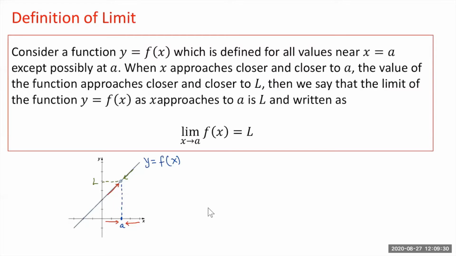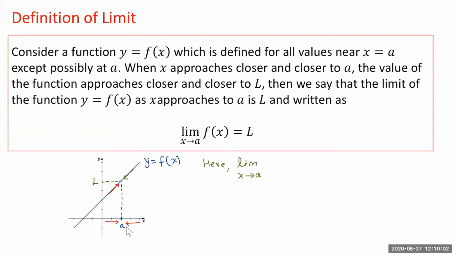So let's rewrite this one in a little more detail here. What I'm trying to say is when x approaches a from the left, the value of the function approaches L. That can be written as: limit as x approaches a. And I'm saying x approaches a from the left.